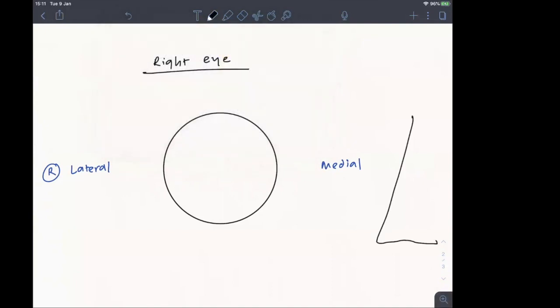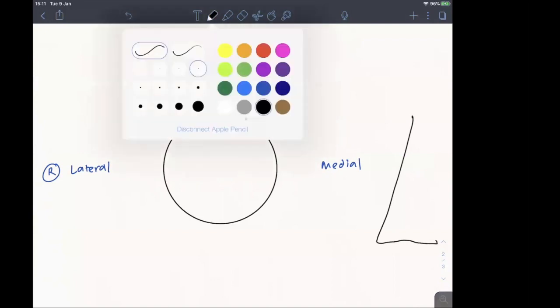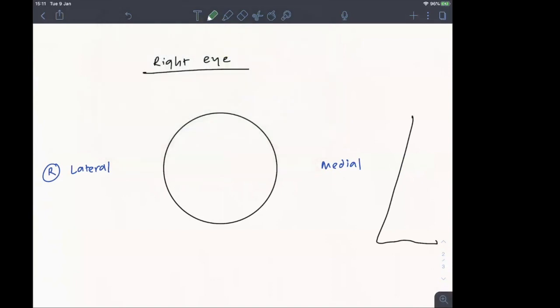So this is the right eye and this is the nose. Now there are certain movements that this eye can do. What are those movements? The eye can move up, it can move down, it can move medially, it can move laterally. So it can move towards the nose or away from the nose.